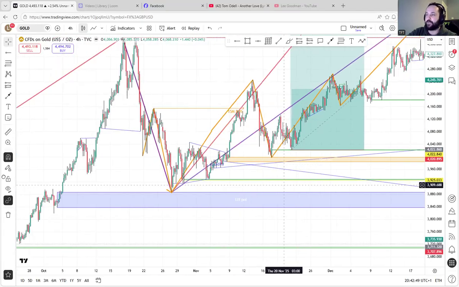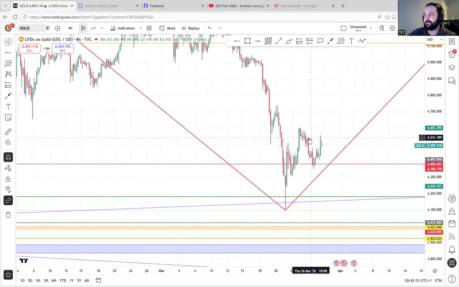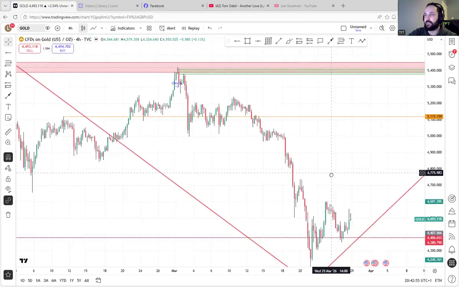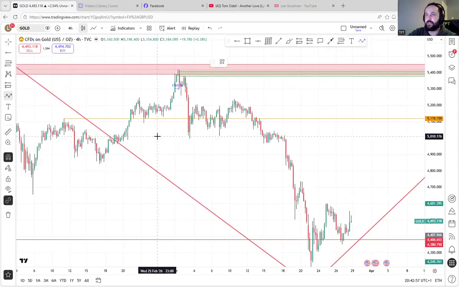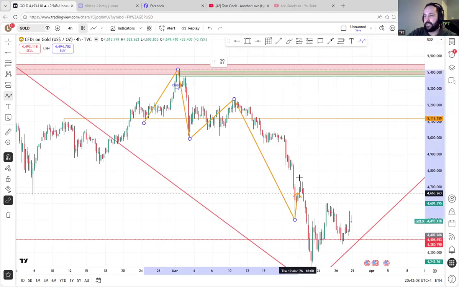So what we can do is come over to current price and start to mark the relevant down structure, which is possibly something like this. Big leg there.